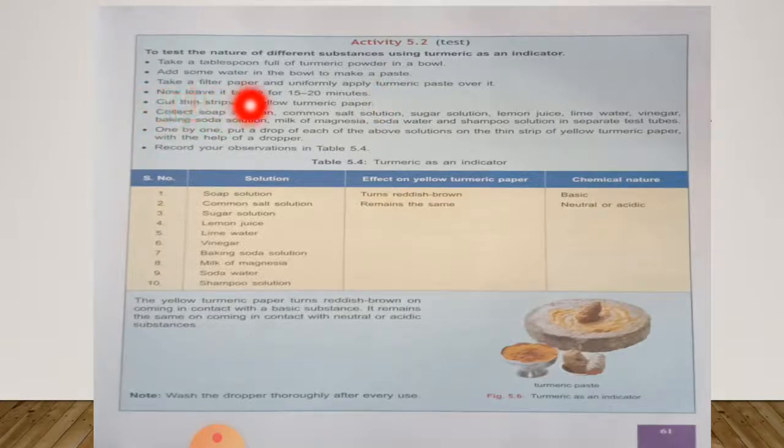Take a filter paper and uniformly apply turmeric paste over it. You can take a butter paper instead of filter paper, and you have to uniformly apply turmeric paste over filter paper or butter paper.